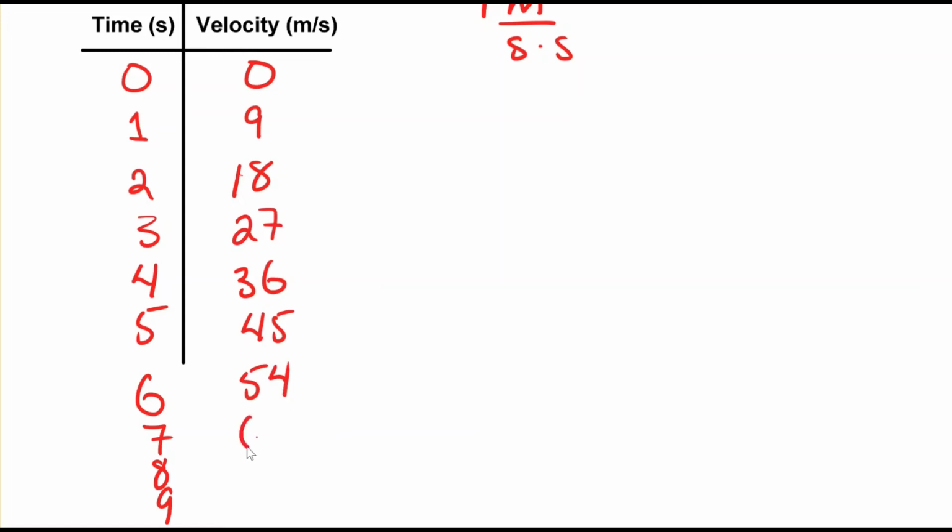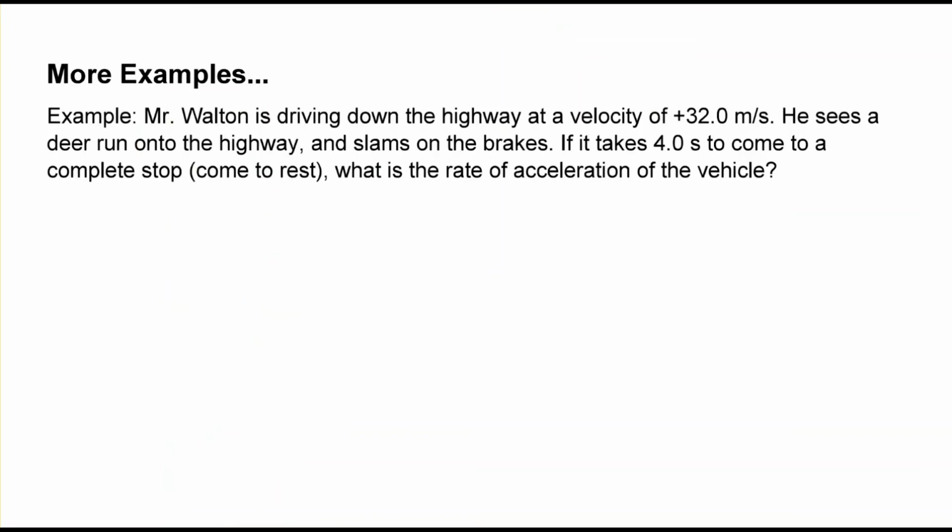Another second later, 63 meters per second. So after 7 seconds, we will have gone 63 meters per second. That's what our final speed will be. So you need to know what the initial velocity was in order to figure out what the final velocity was. Hopefully that makes a little bit of sense.